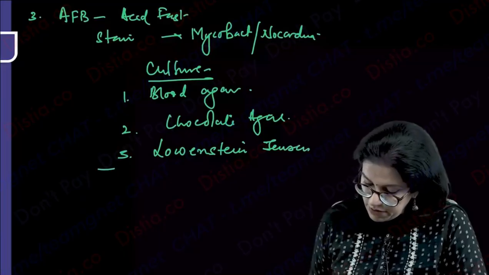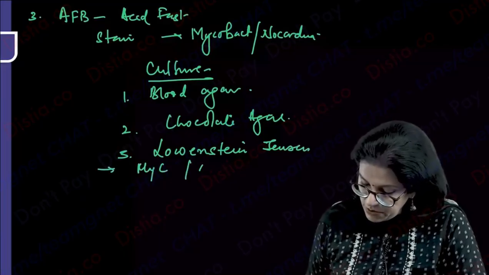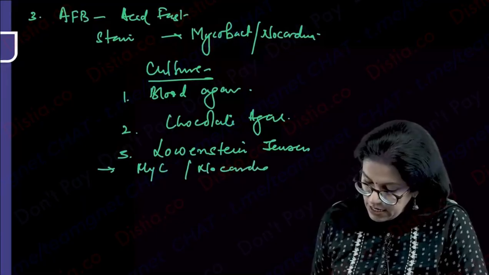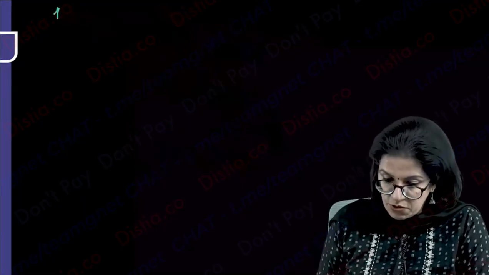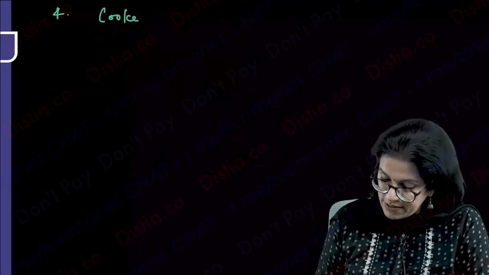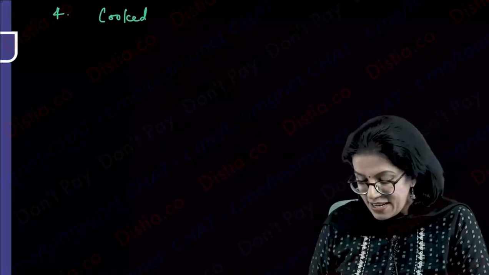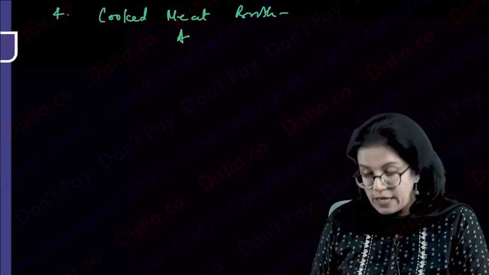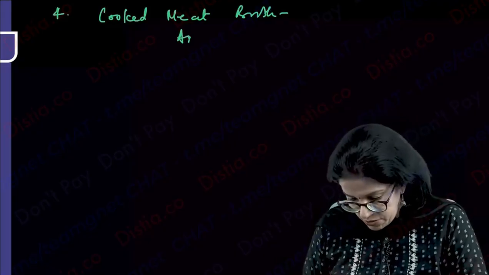This is mainly again for your Mycobacterium and Nocardia. Another for anaerobes that we should know is cooked meat broth. I will not go too much into this now. This is for anaerobic bacteria like Propionibacterium acnes.